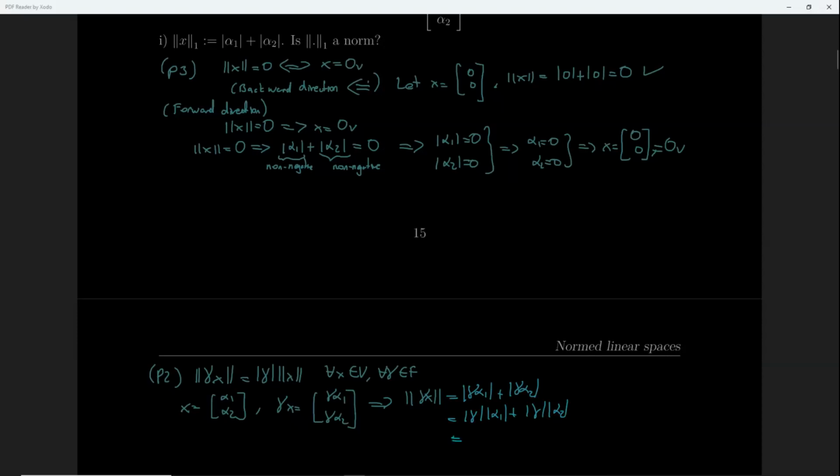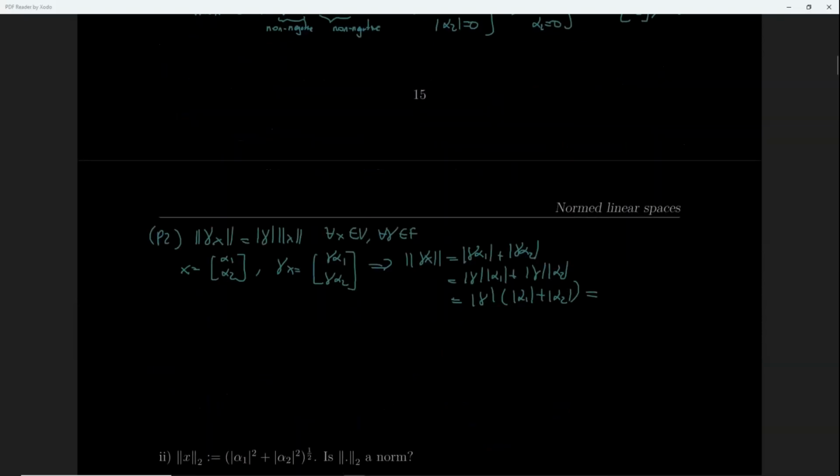And I can further write that as absolute value of gamma times, in parentheses, absolute value of alpha 1 plus absolute value of alpha 2. Which means that I was able to write down the norm of gamma times x as the absolute value of gamma times the norm of x. All right, so we were able to show that as well.